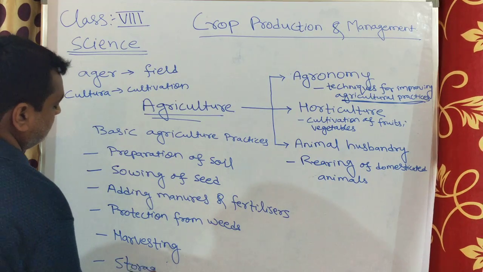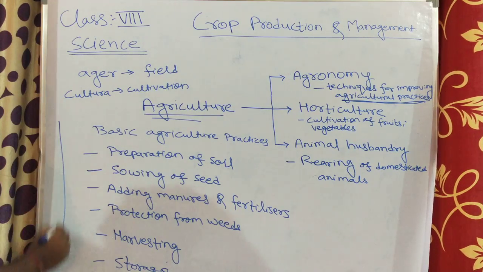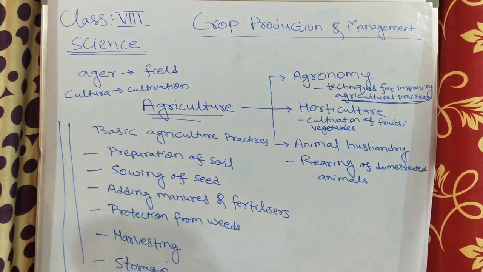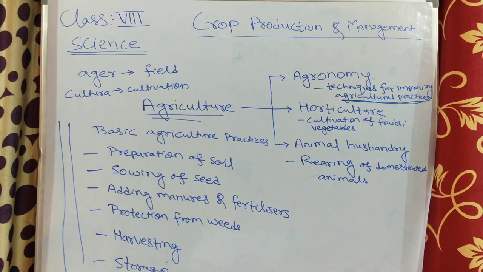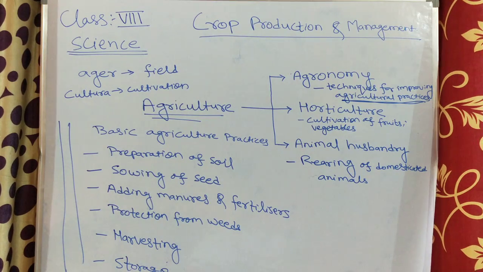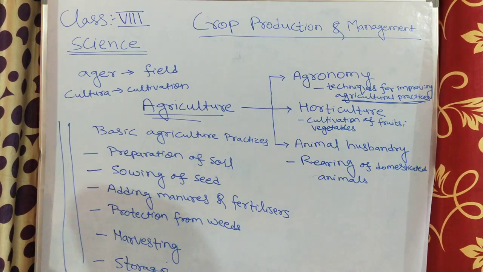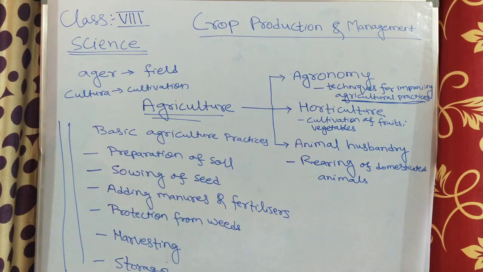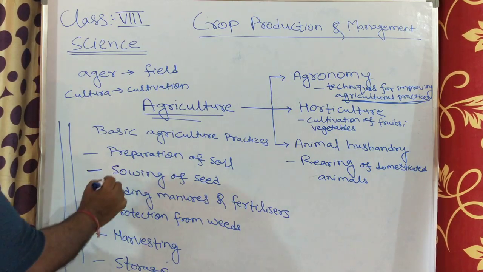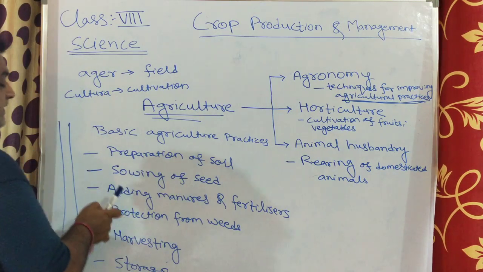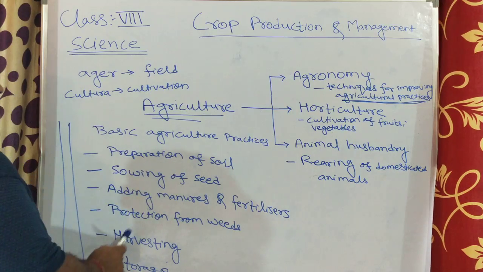So these are the basic agricultural practices that a farmer has to perform for cultivation of crops. First one is preparation of soil. Next is sowing of seed. Next, adding manures and fertilizers.